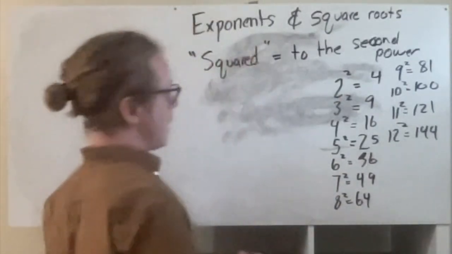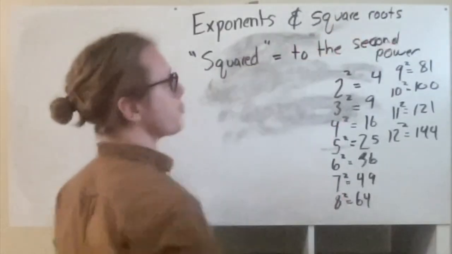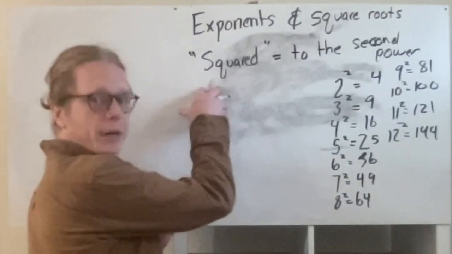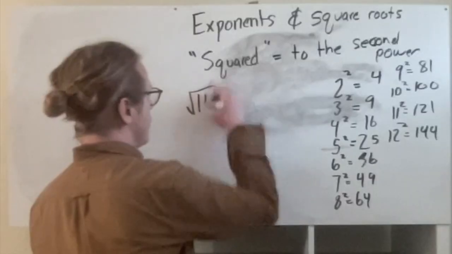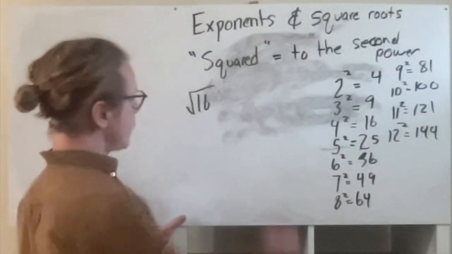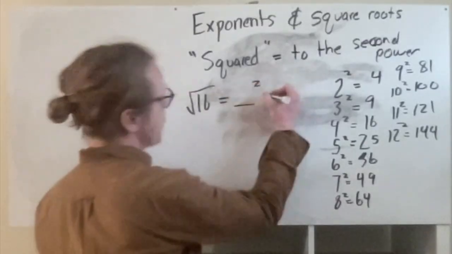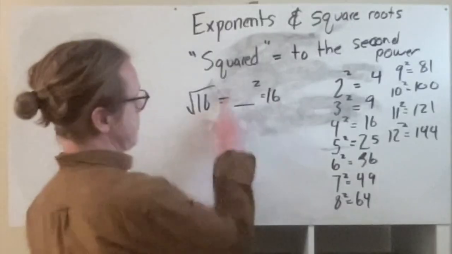All right. So then it takes us to the idea, well, what is a square root? Square root is the opposite of squaring something. So if I were to take the square root of 16, that's really like saying what number squared is going to give me 16.